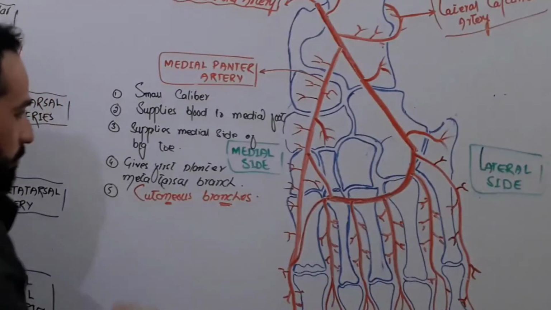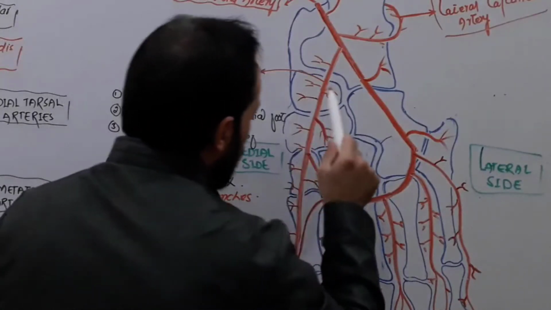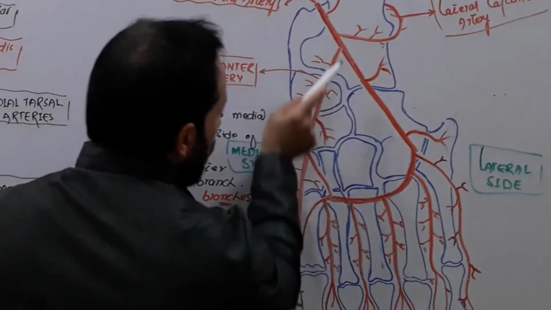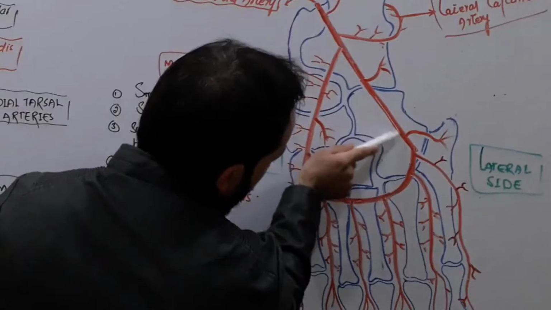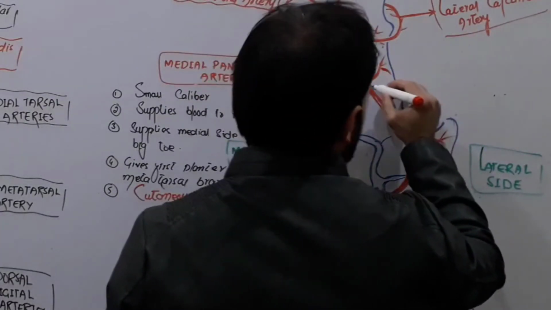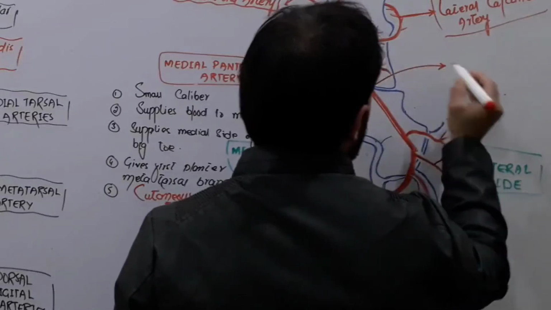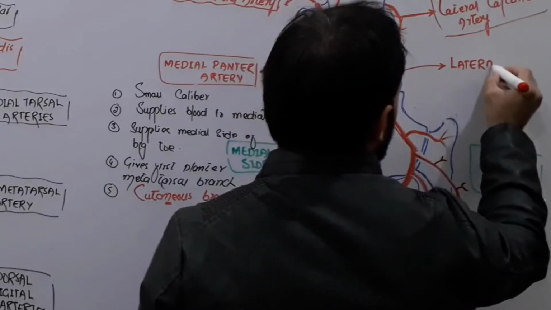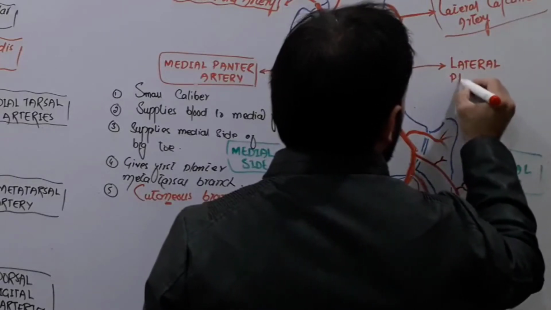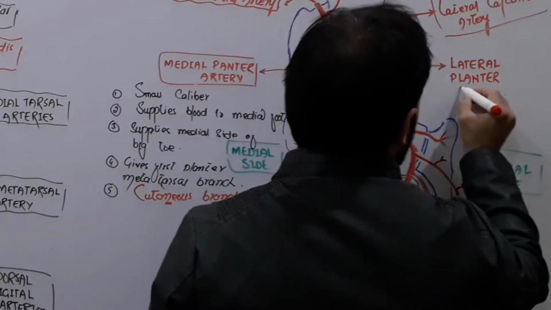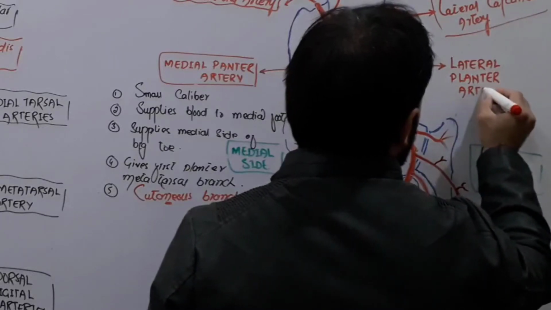Done. Then let's move towards the lateral plantar artery. We will discuss this in anastomosis also, right? So this is our lateral plantar artery, right? Let me name it here. Lateral plantar artery.